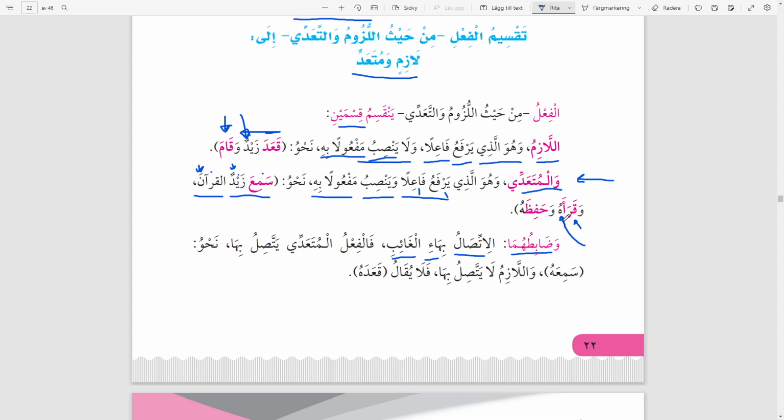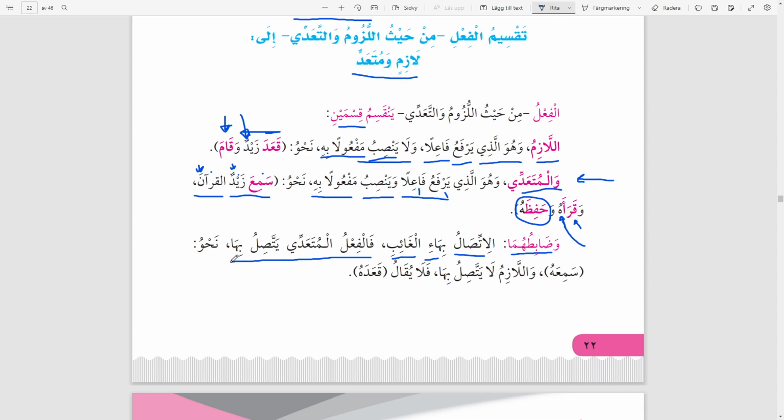So this is the thing. قرأه. You can say he read it, he memorized it. So it's like a tip of how you can easily distinguish between اللازم والمتعدي.